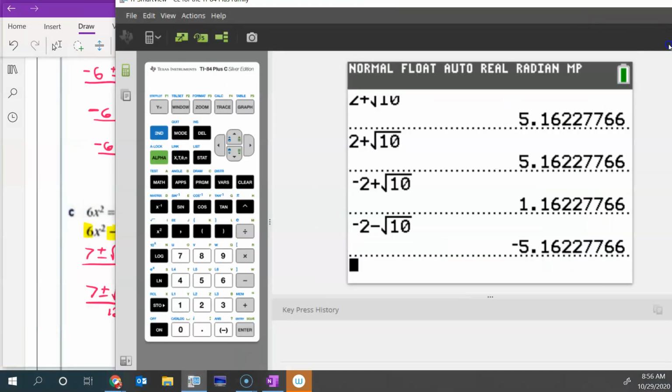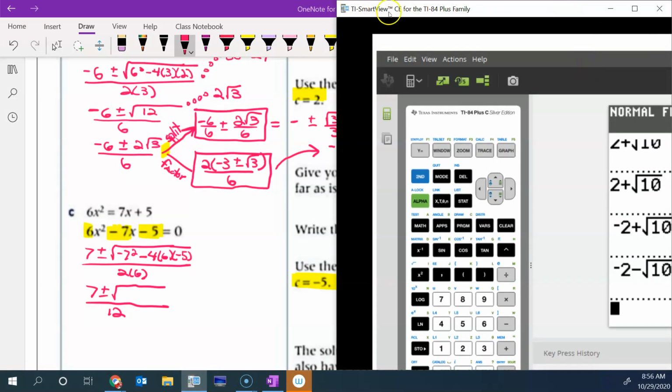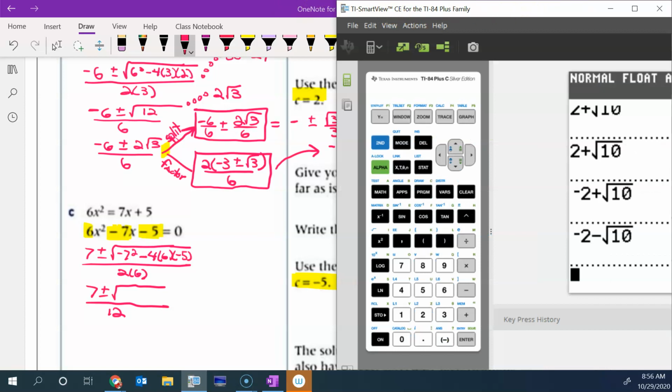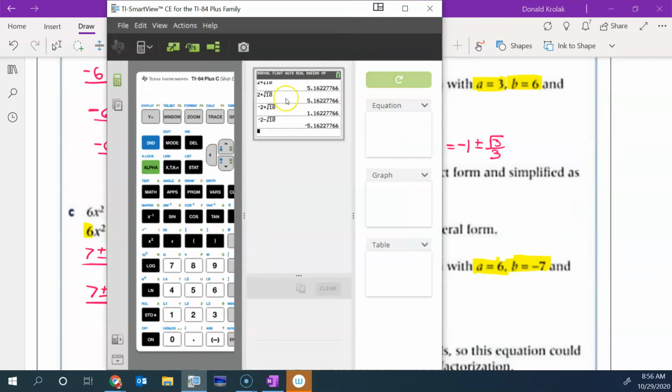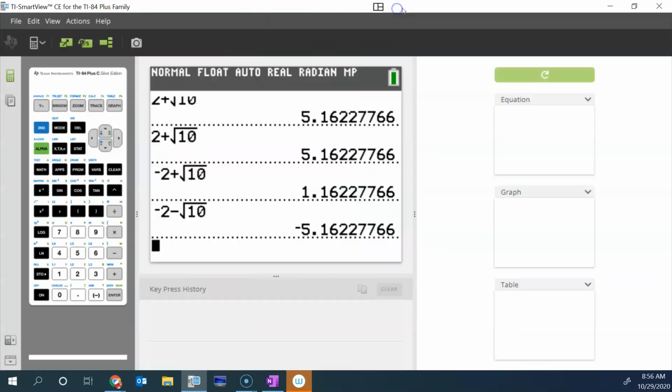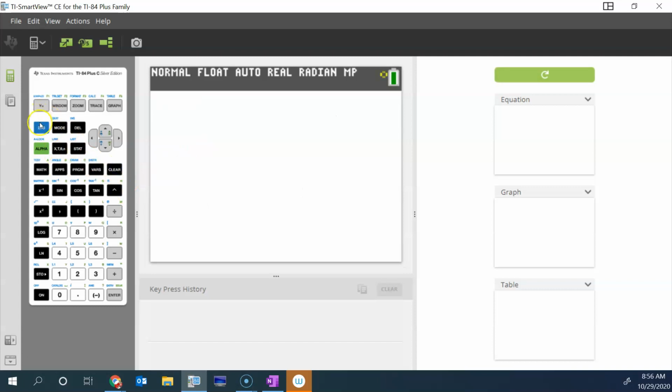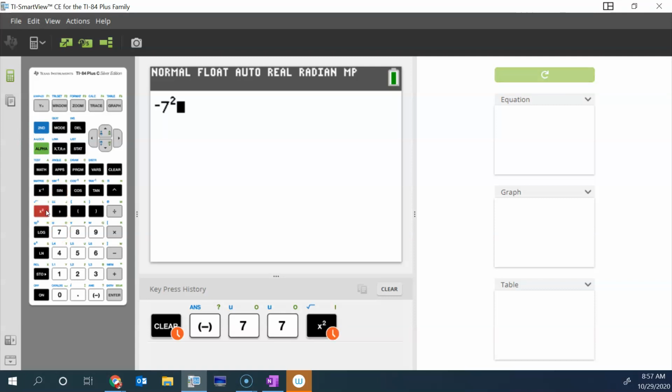Okay, when I plug that in, guys, if I do -7 and I square it, it's -7 squared.